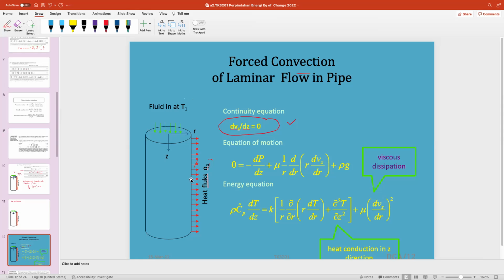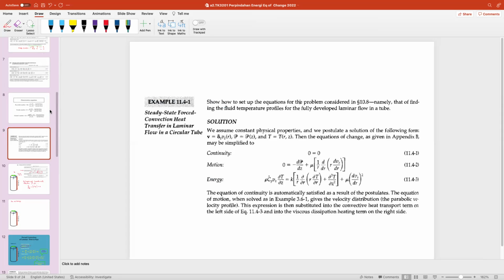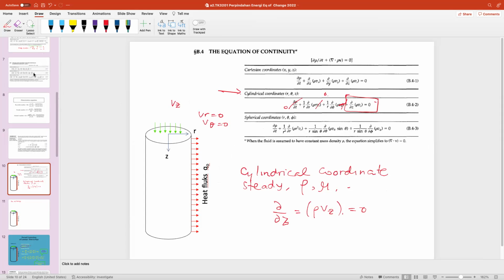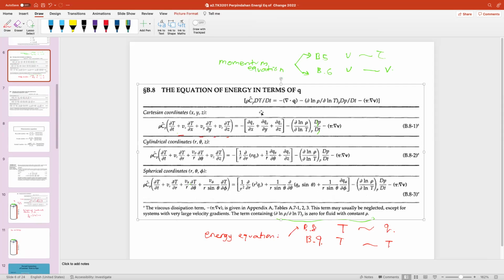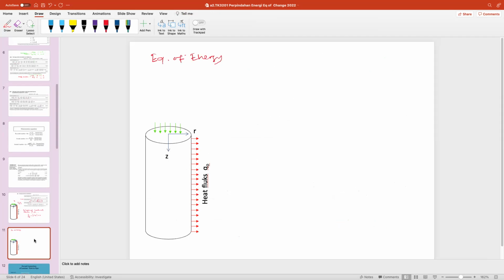If we know the temperature, we can use B9, and if we don't have the temperature but you have Q, then we can use B8. Okay, but wait, it might be simplified. Let's continue that one. So here we can use B8.